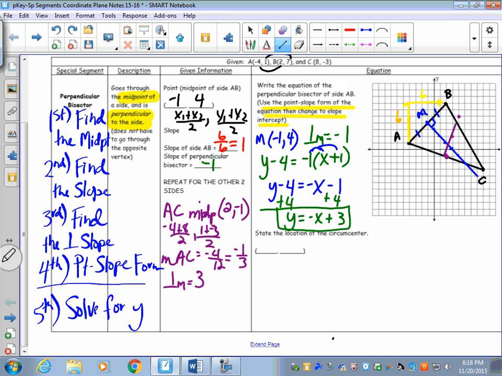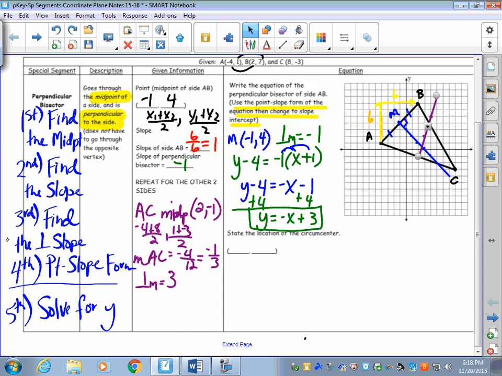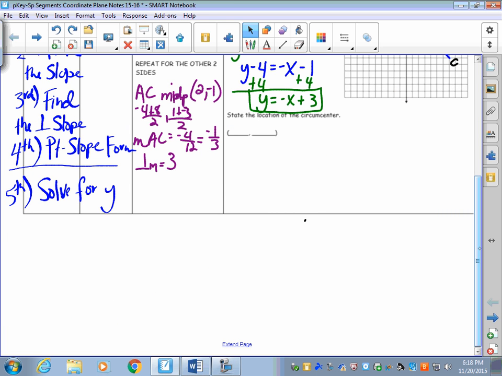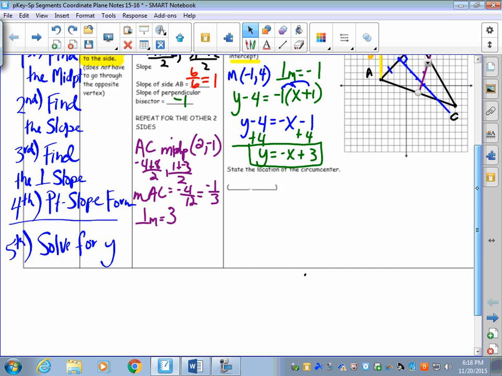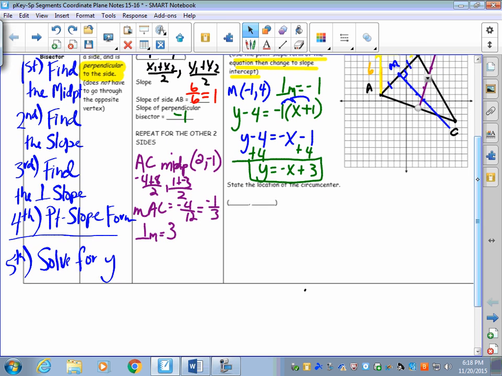My line is off, I need to fix it. Just bear with me. Let's go to the midpoint. And there we go. There's that line. And remember, we're doing this for all three sides. So we are going to need to repeat these steps, and practice makes perfect. So get practicing repeating them.